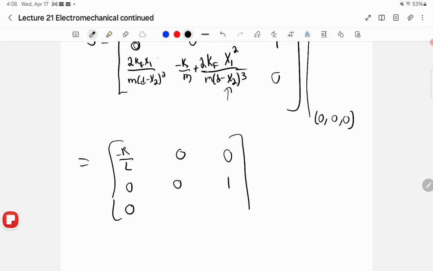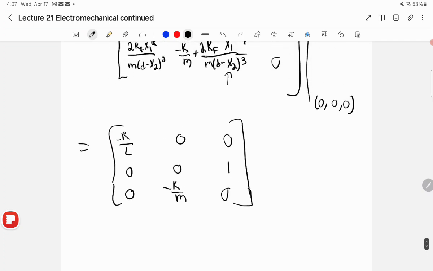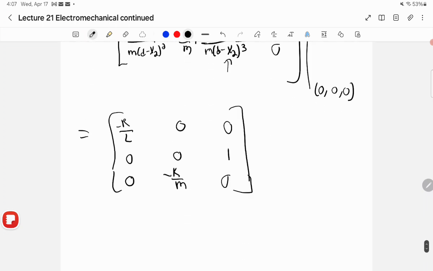This one's going to be 0 because obviously at x1 equal to 0, that makes this whole thing 0. This is minus k over m because, again, same argument there. And then this is 0. Okay? So since this is evaluated at 0, 0, 0, this is what I get.